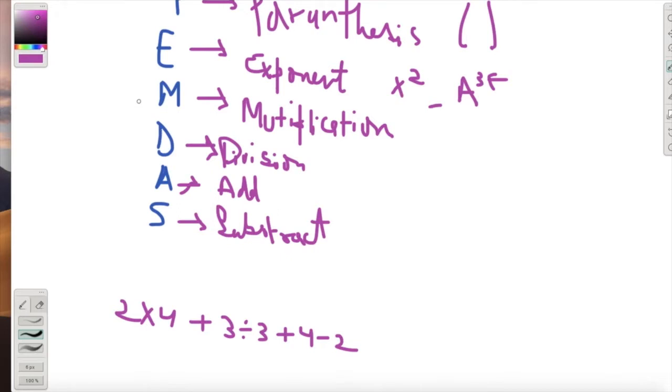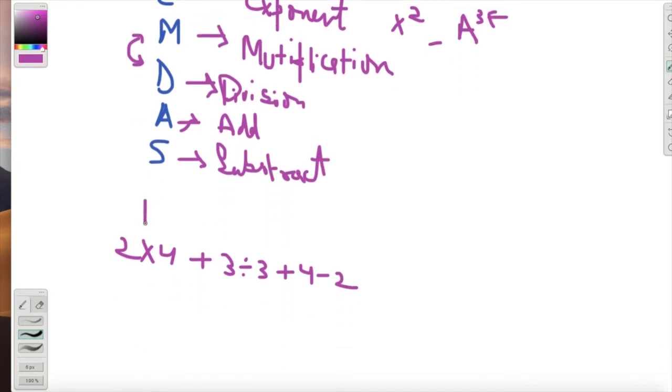It can be at the same level. If there's no multiplication, division can take place. If there's no division, multiplication can take place. So I'm going to first look at this section, which is our multiplication, and this section, which is our division. So 2 into 4 is 8. Let's keep this plus here. 3 divided by 3 is 1.